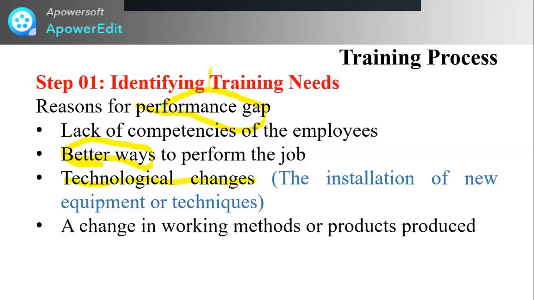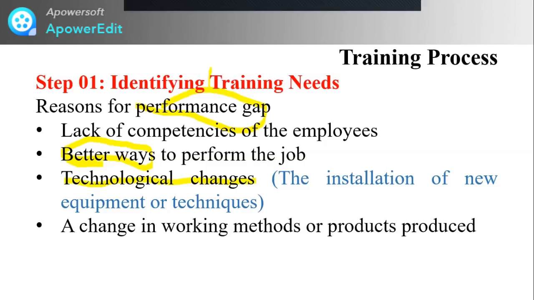For example, introducing new equipment. If there is new equipment, we have to give a training program. Why? Because of how the worker does the work and operates the machine. Machines, tools and techniques are technical changes.